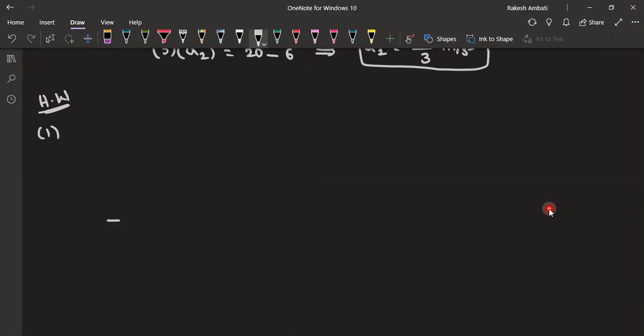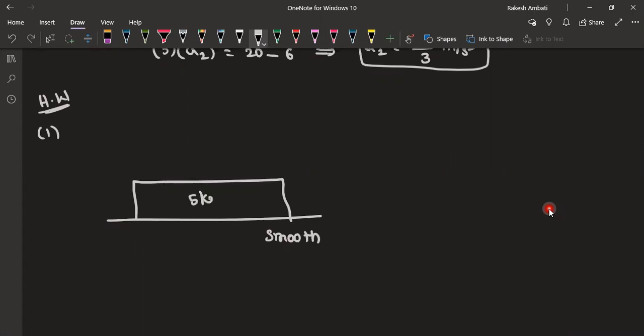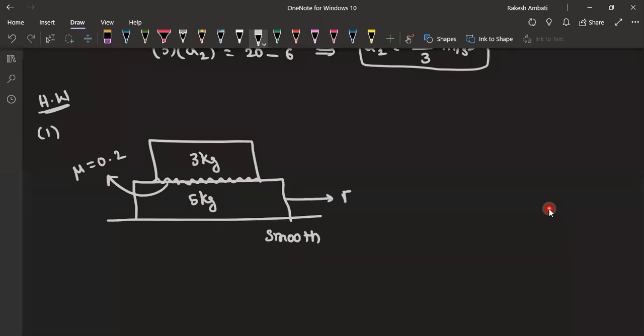For example, here it is a smooth surface. This block has mass 5 kg and this block has mass 3 kg. So it is a rough surface. For this rough surface, mu is given as 0.2, applied force 8 newtons.